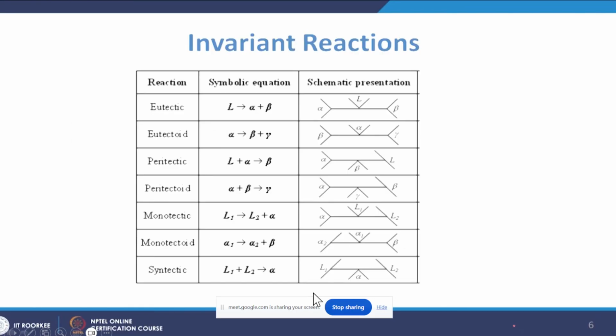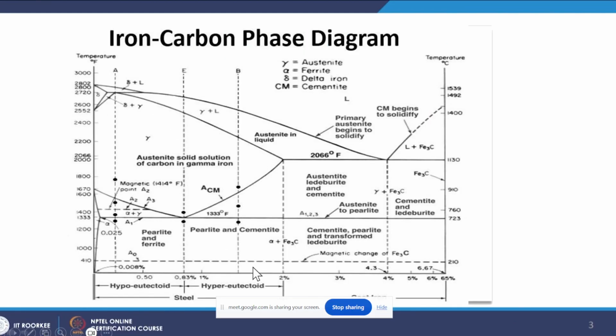Previously we have seen this iron-carbon diagram. Here there are different kinds of phases, so those transformations we can see. Above 1500 degrees and so on, the entire region will be liquid. Then afterwards it will transform into different kinds of phases.